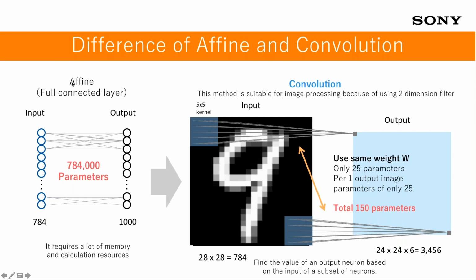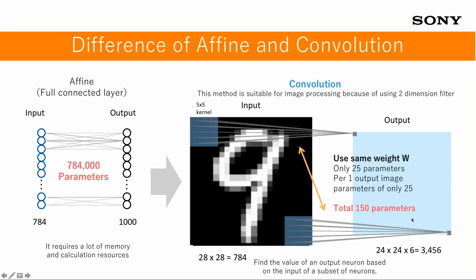So when we say affine, we said this is fully connected, meaning all of the inputs are connected to outputs. If I have 784 inputs and then I have 1000, then 784 multiplied by 1000 is going to be 784,000 parameters, right? But in this way, I have only 150 parameters.